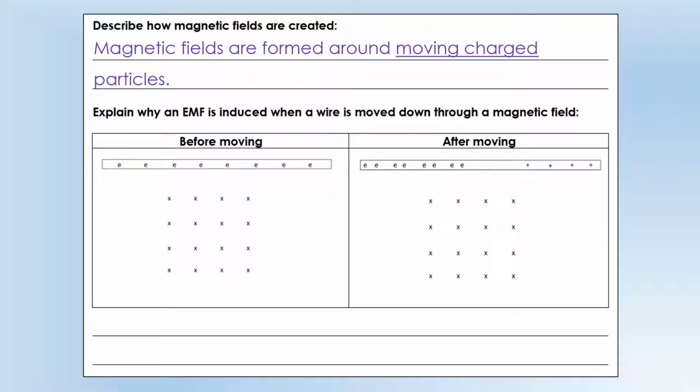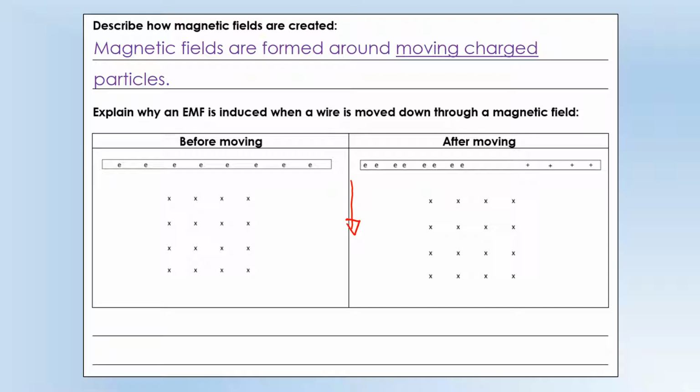So how do we know which way the electrons are going to move? Well, we're going to be using Fleming's left-hand rule. We're going to move the conductor downwards in this direction here. So that's the direction the charged particles, these electrons in your wire, are moving. They're moving down. So that's why I'm going to point my middle finger that way.